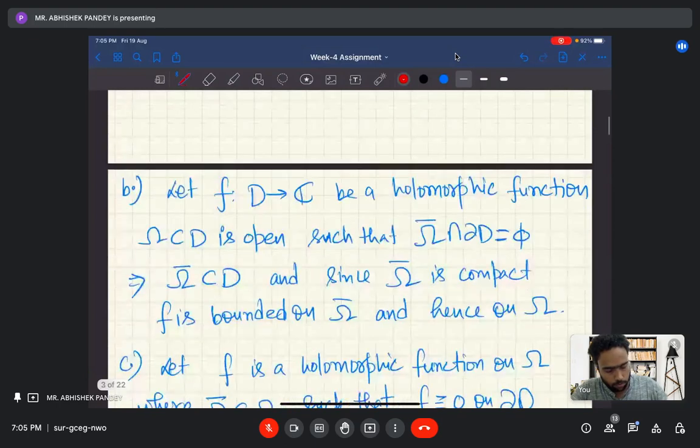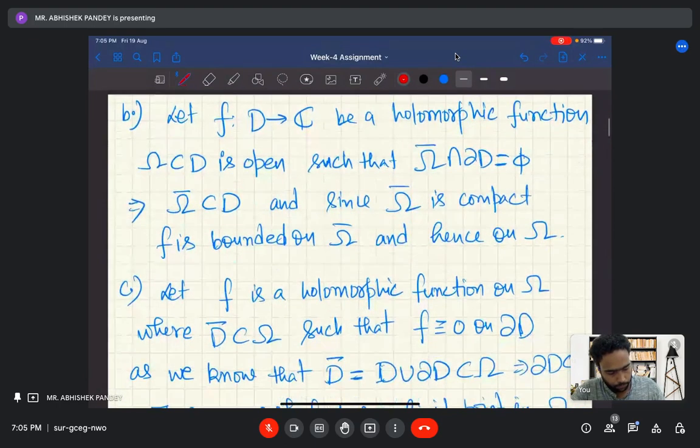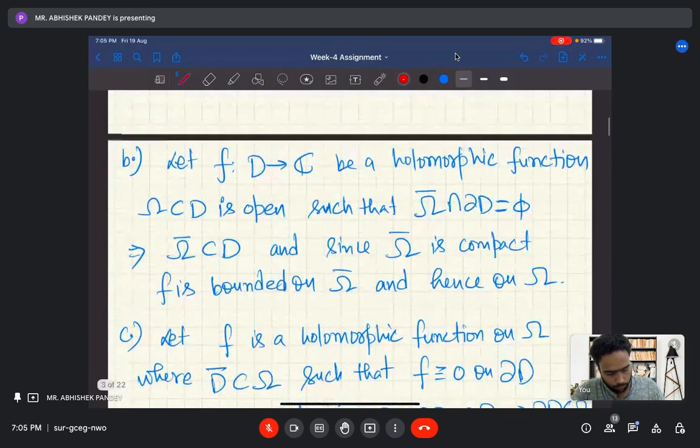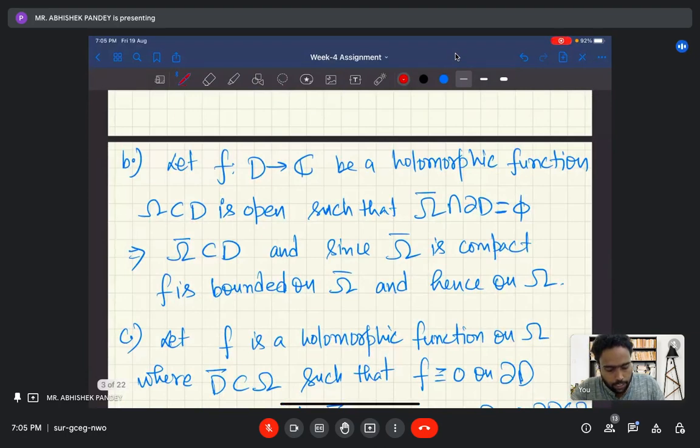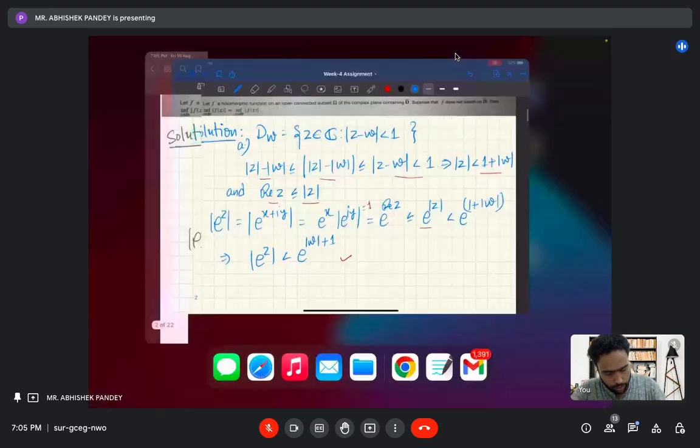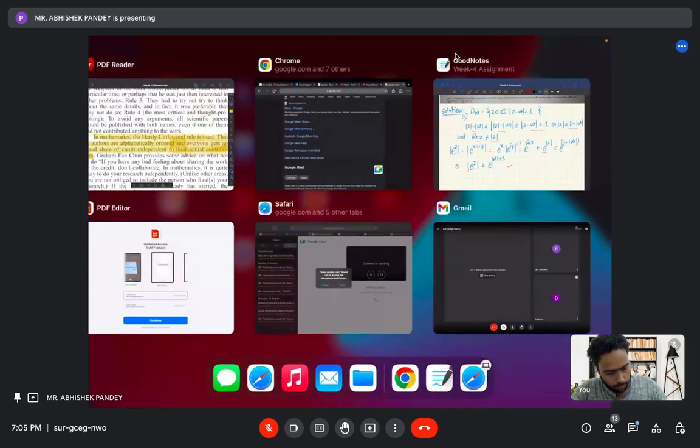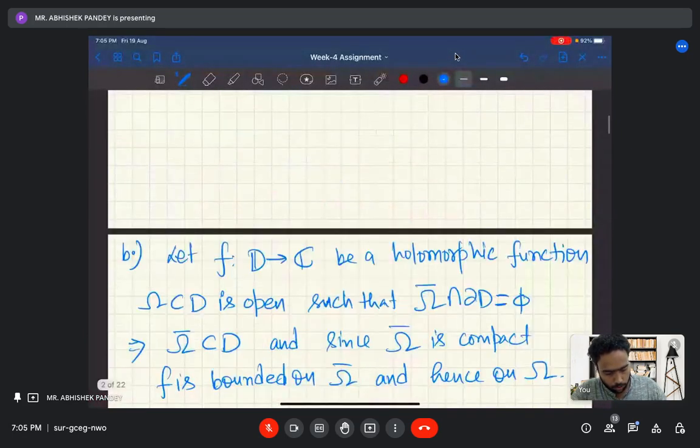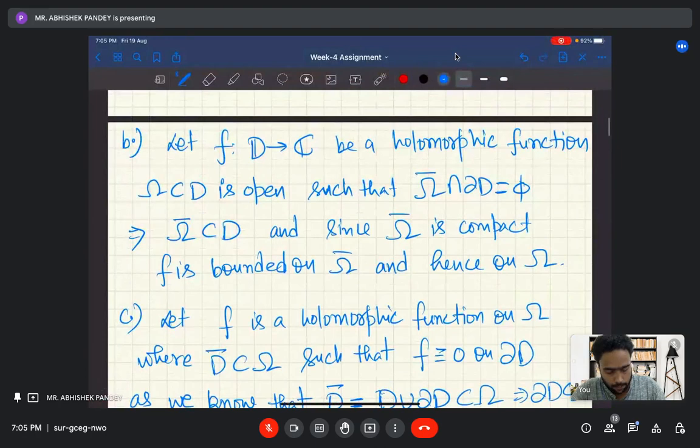So now, f from D to C is a holomorphic function, where D is the unit disk.